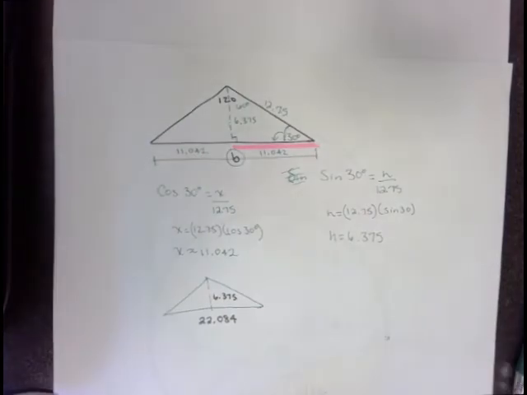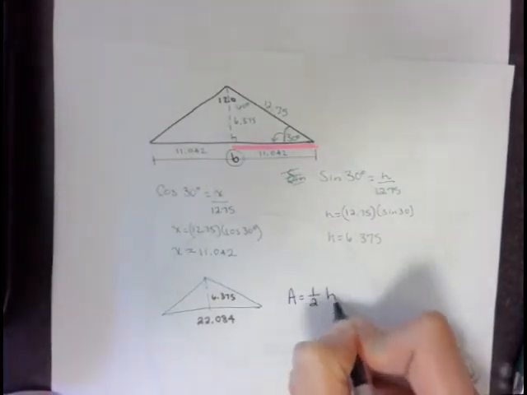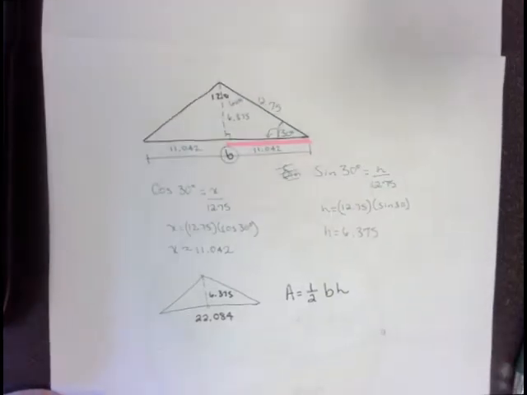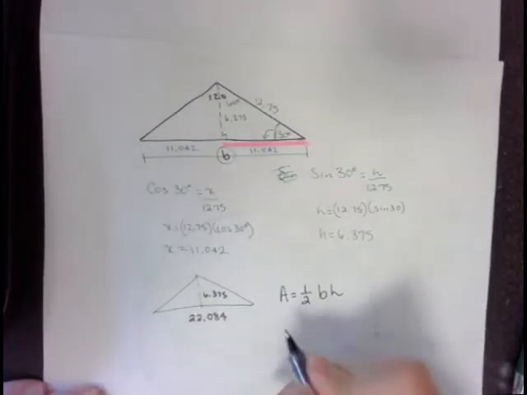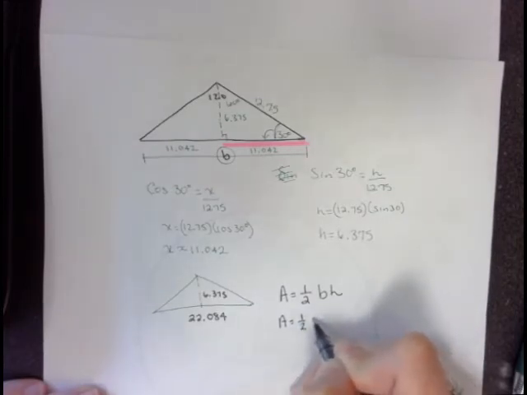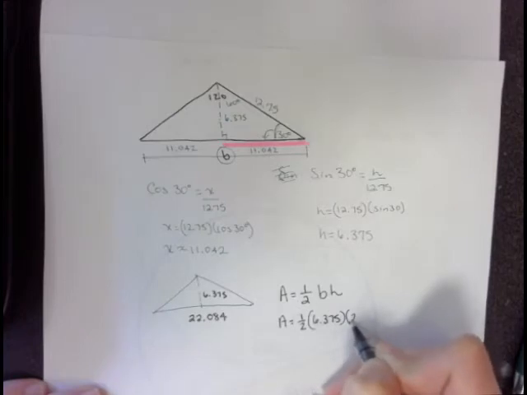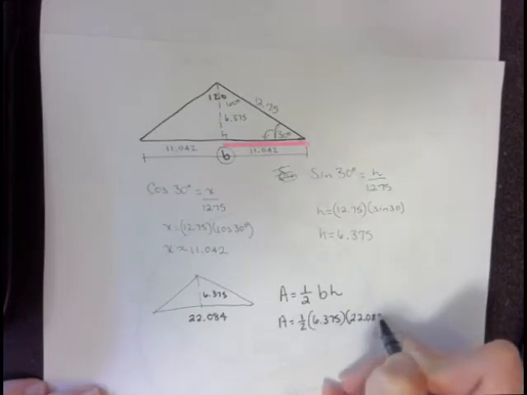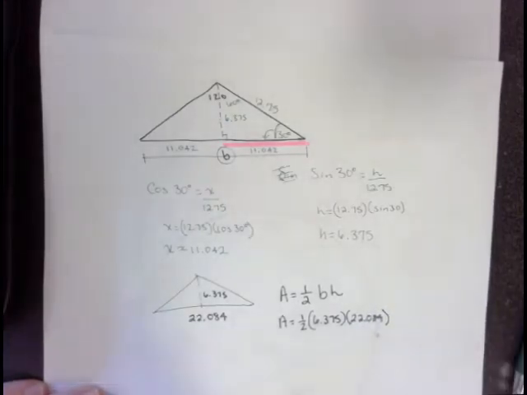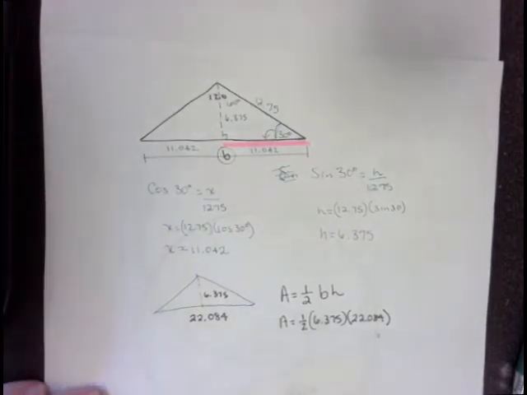So now I can find the area of this triangle, because the area of a triangle is half base times height. And again, this is all stuff that you know. So I plug this in, half base times height, 6.375 times 22.084, and I just do the math in my calculator. It doesn't matter which order I put it in, because multiplication is commutative.